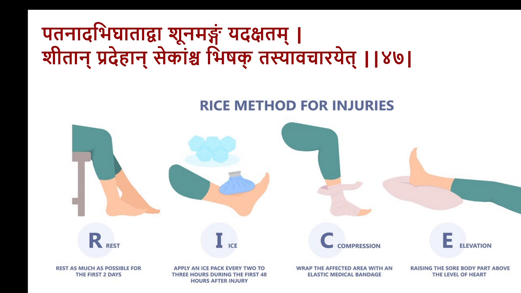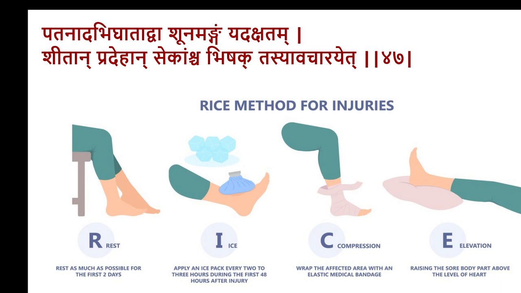Then a general principle of treating a patient with soft tissue edema produced due to trauma. Due to the trauma, there could be a swelling. Swelling could occur due to two reasons: either there could be hematoma or there could be inflammatory edema. In case of hematoma, or bleeding at the site, that can be prevented by a cold poultice.